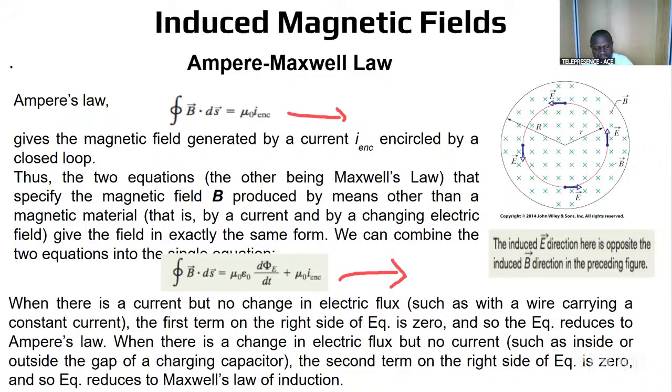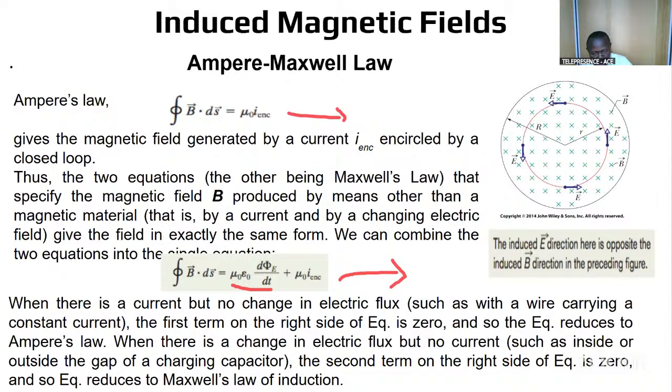If there is a current but no change in electric flux, this component of the equation will be zero, and the Ampere-Maxwell equation will be reduced to Ampere's law.